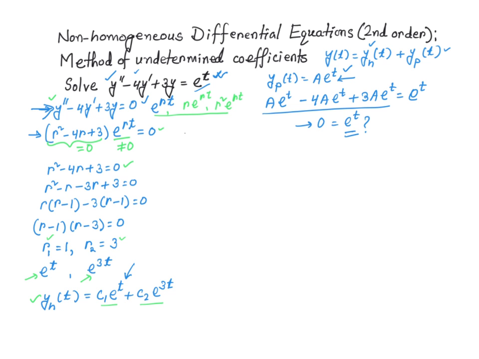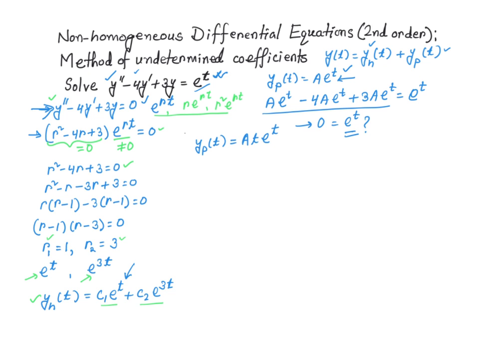Now, we run into a problem. What do we do? We will play a little game that we did play before. Let's say my y sub p of t is not of the form a times e to the power t, but rather a times t times e to the power t.